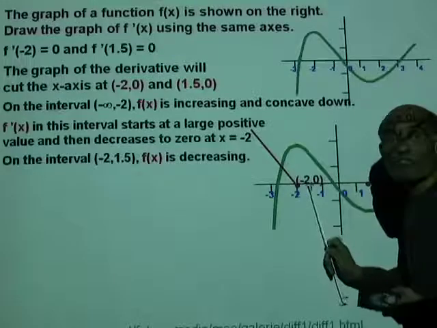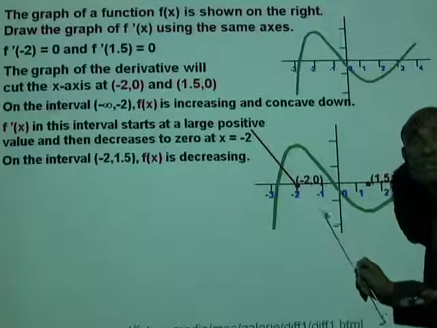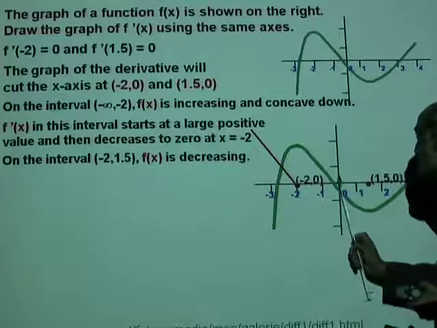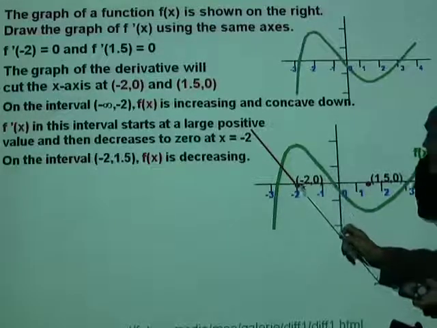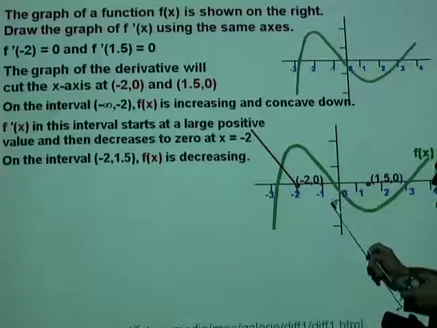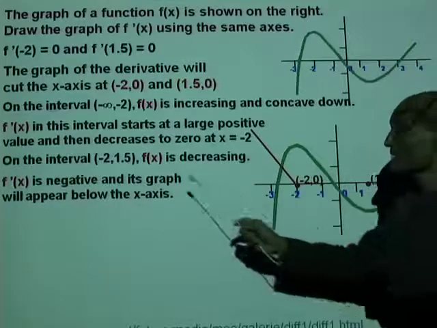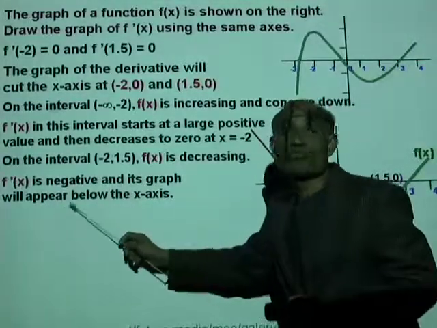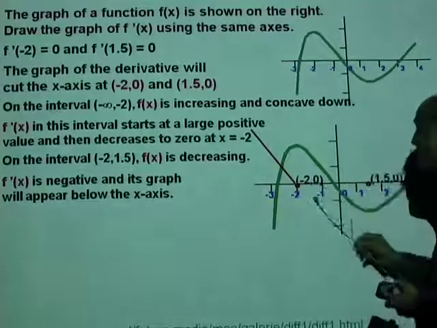That means the graph of the derivative will come below the x-axis, you see? So, from negative 2 to 1.5, the graph of the derivative will be below the x-axis because it is negative. F prime x is negative and its graph will appear below the x-axis.